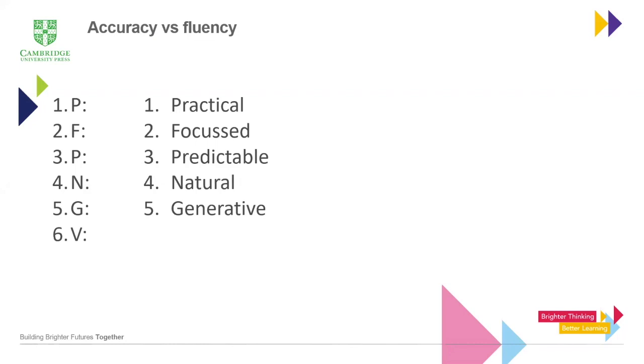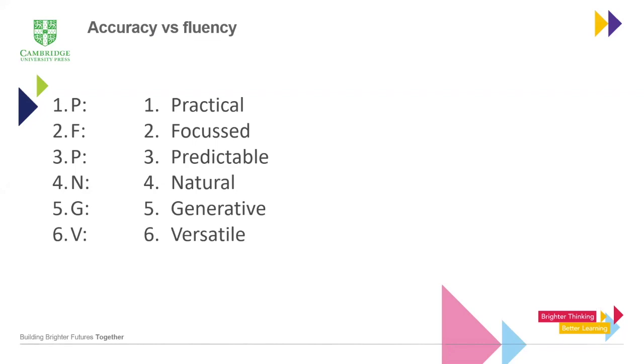Great. So what do all of these words mean? I'm going to give you the 6 meanings, but they're all jumbled up. So you need to match the meanings with the 6 words on the screen. So we've got 1, 2, 3, 4, 5, 6, and I'm going to give you A, B, C, D, E, F. You need to match 1 to 6 with A to F, and I will give you 60 seconds. And I suggest don't do them one by one, do all 6, and don't type anything in the chat box until you've done all 6.